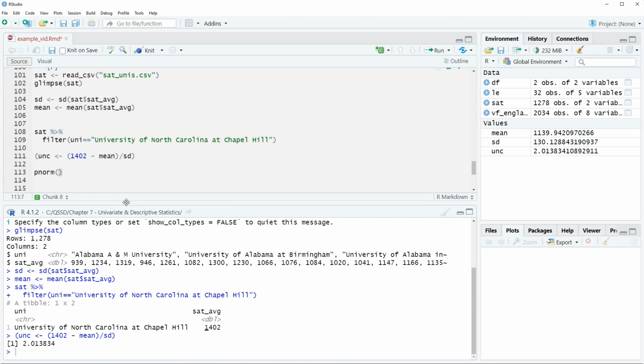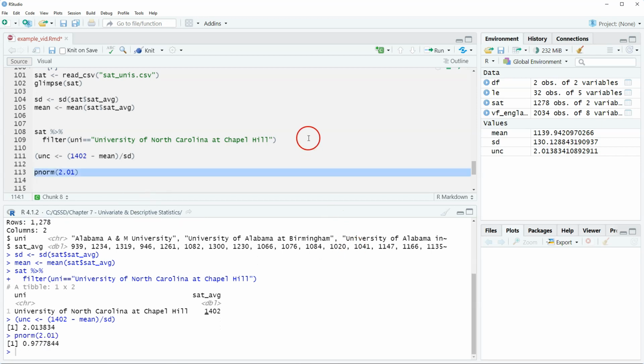So we're just going to put this in here. pnorm 2.01. Okay, so we get 0.977. So this is a percentage. In terms of how to interpret this, we could say that UNC has a higher or the same average SAT score as 97.8% of other universities in the data.